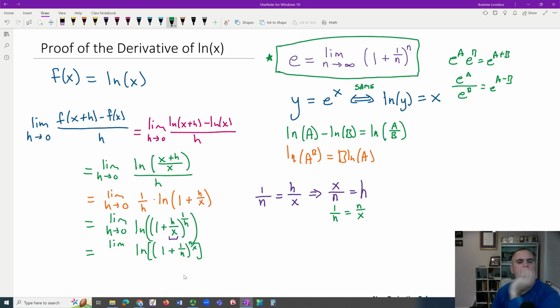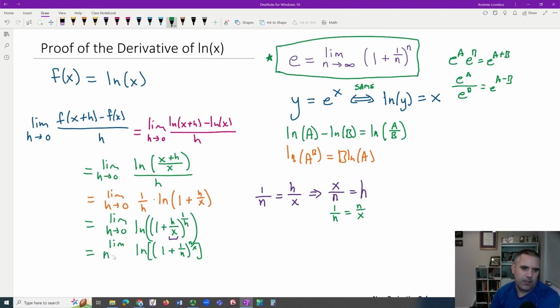I still don't quite see how that's helpful. And also the h went away. But if h is going to 0, what can we say about n? Where would n have to go in order to make h go to 0 if x is fixed?